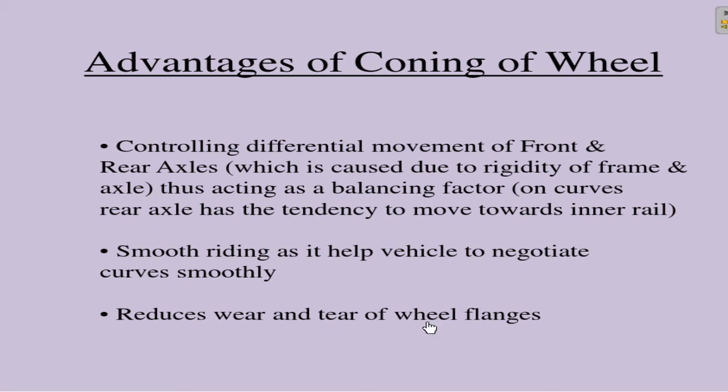It reduces the wear and tear of wheel flanges. Since we are providing this coning, I have told you that there is a small gap in between. The gap in a straight rail will be equal for the left wheel as well as for the right wheel.